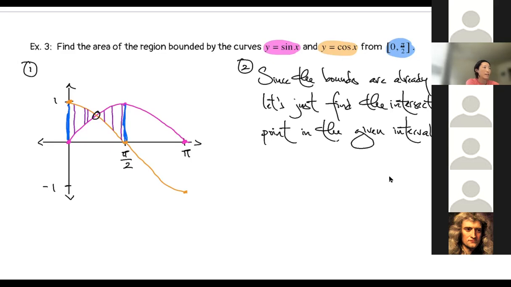We could say, hey, we set sine and cosine equal to each other: sine of x equals cosine of x. What else could we do to find that intersection point?